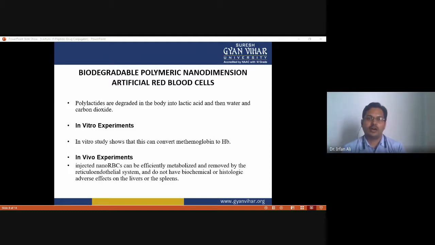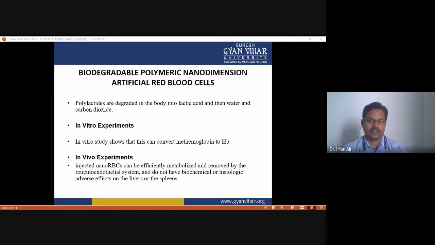In all other groups, no abnormality in renal biochemistry or histology was observed. So it can be concluded that injection of nano RBC did not have an adverse effect on renal function or renal histology.